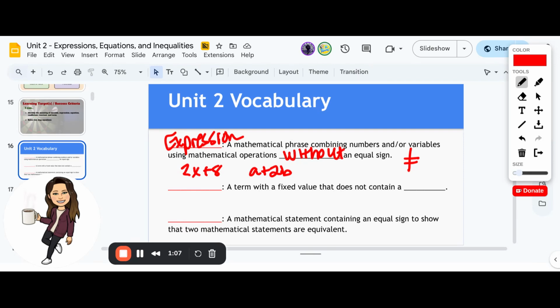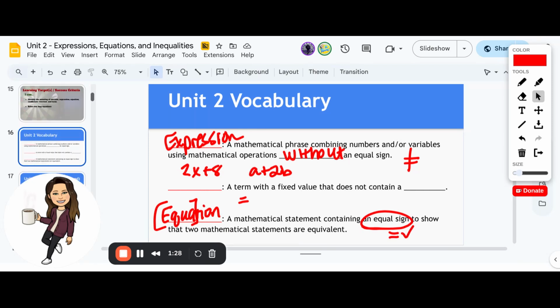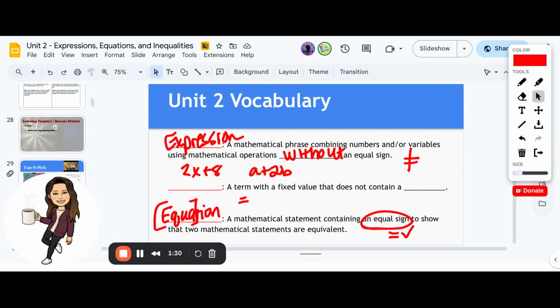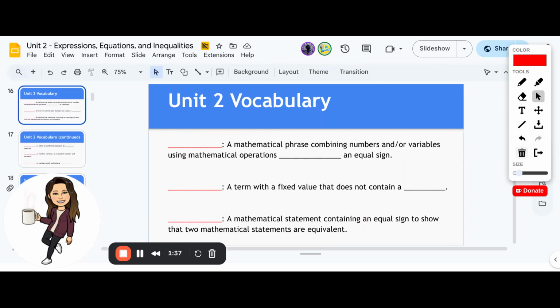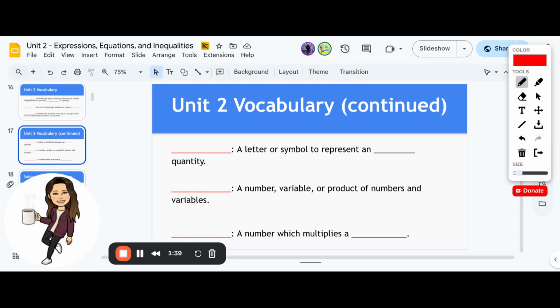So then the difference between an expression and an equation, remember equation sounds like equal, okay? That's where it has an equal sign. That would be the difference between expression and equation. All right, and then the last word that we talked about was a variable.